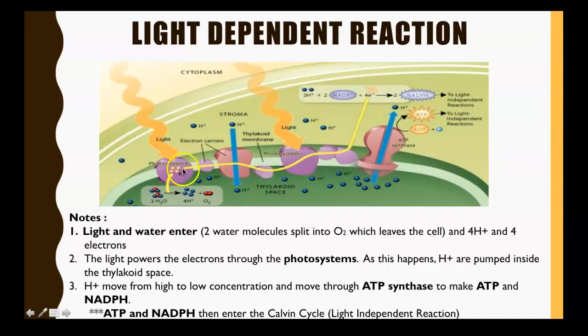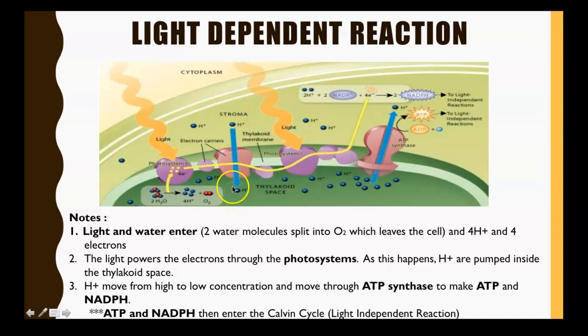As these electrons travel down the thylakoid membrane, they pass through several embedded proteins. These electrons carry energy that allows these proteins to pump hydrogens across the thylakoid membrane from an area of low concentration to an area of high concentration.